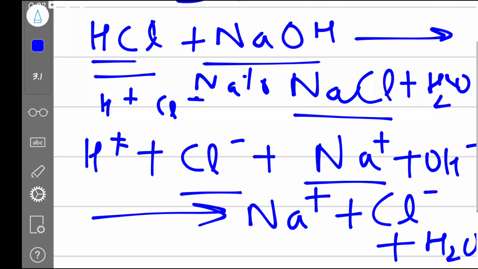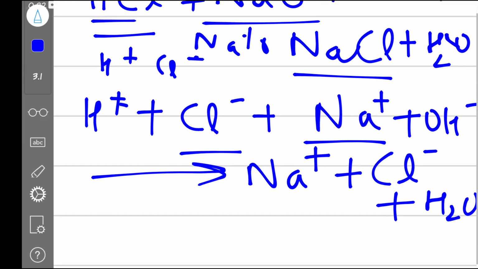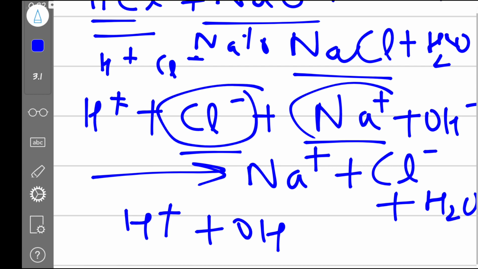So a better equation for what is actually happening would be just H plus and OH minus. So this is just floating, nothing else. Only the H plus is reacting with OH minus, and it produces only water.